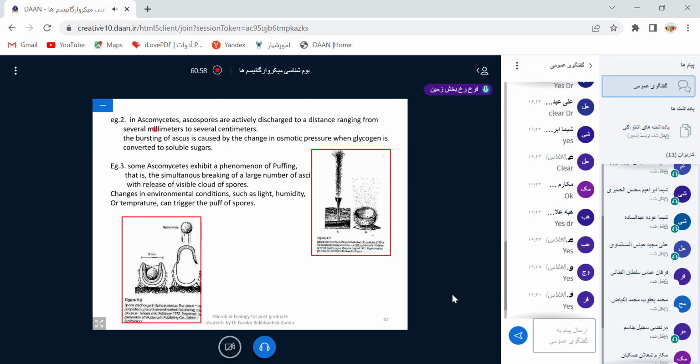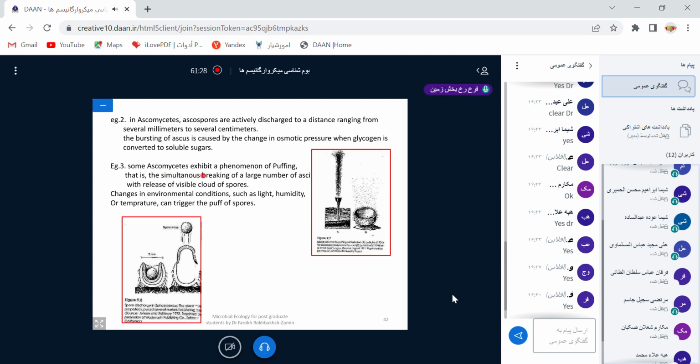In ascomycetes, ascospores are actively discharged to distances ranging from several millimeters to several centimeters. The bursting of the ascus is caused by changes in osmotic pressure when glycogen is converted into soluble sugars.